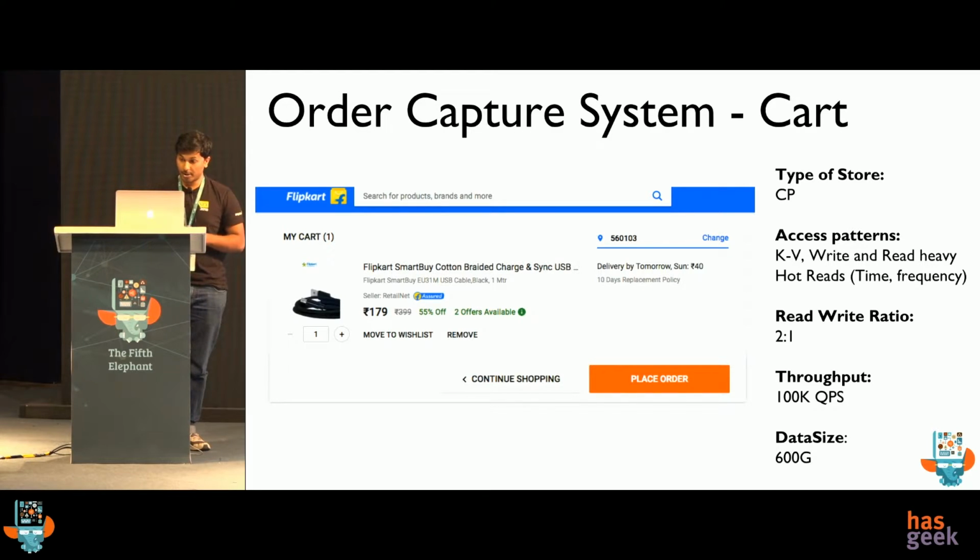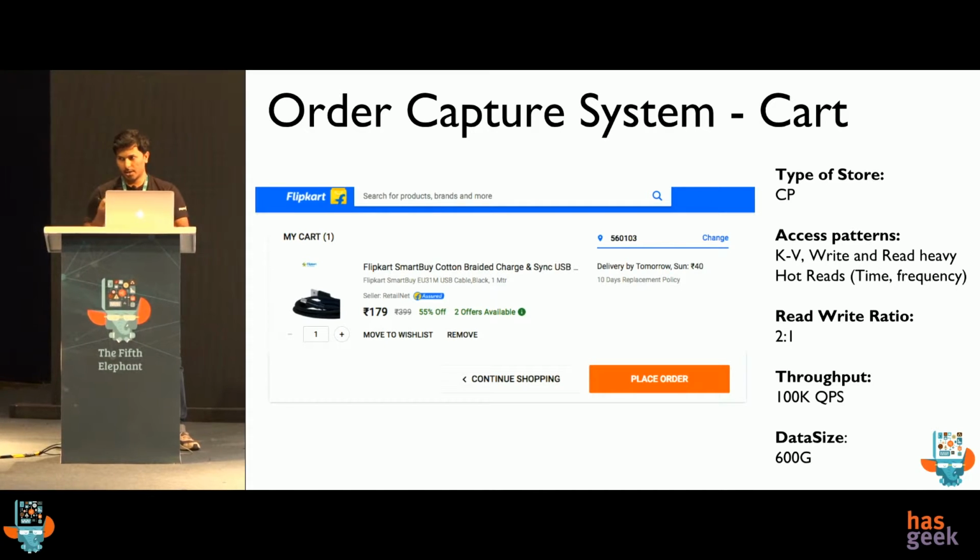And the access pattern, for every customer there's a cart. So the customer's account ID is the primary key. And the interesting thing about the access pattern over here, it's more of a write and read heavy access pattern. What I mean by that is you don't see people coming onto flipkart.com and clicking on the cart button and just seeing the cart.